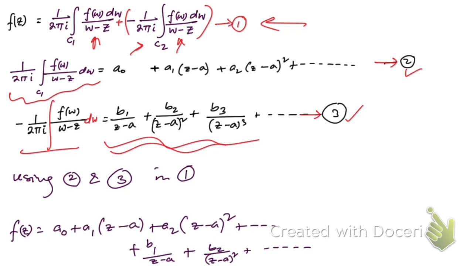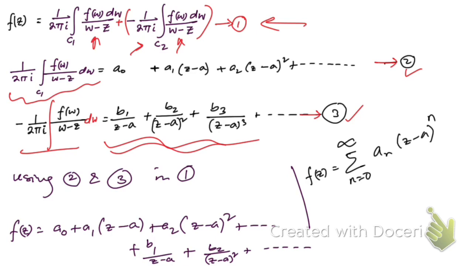This can be written in this form as well using summation. Using summation, we can write f of z is equal to summation a n into z minus a whole to the power n, where n is equal to 0 to infinity, right? We can write that way as well.